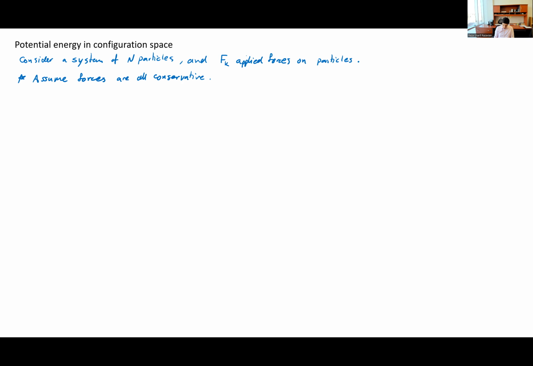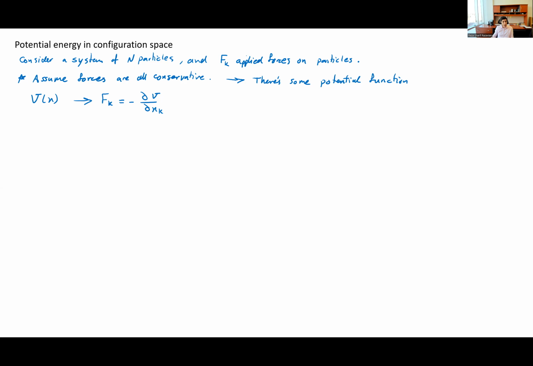If you recall, that means there is some potential function V, which is a function of positions, let's call it V(x), such that we can write this F_k as the negative gradient of that potential function along the direction of coordinate x_k.